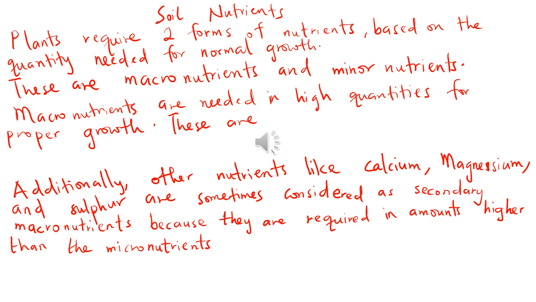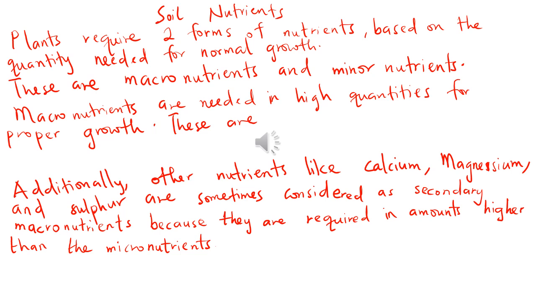Okay, all right. Now, on the screen, you can see that the two forms of nutrients that plants need are macronutrients and minor nutrients, or you can say micronutrients.